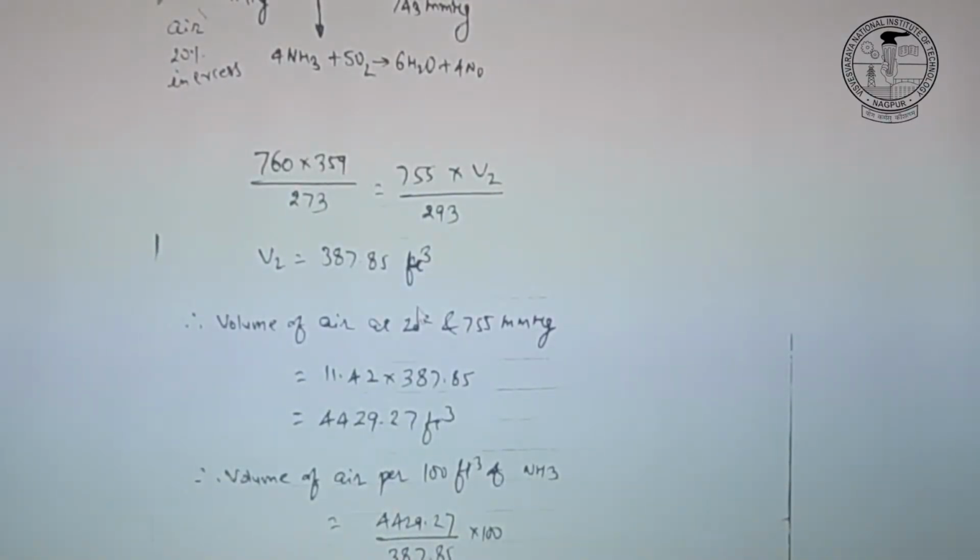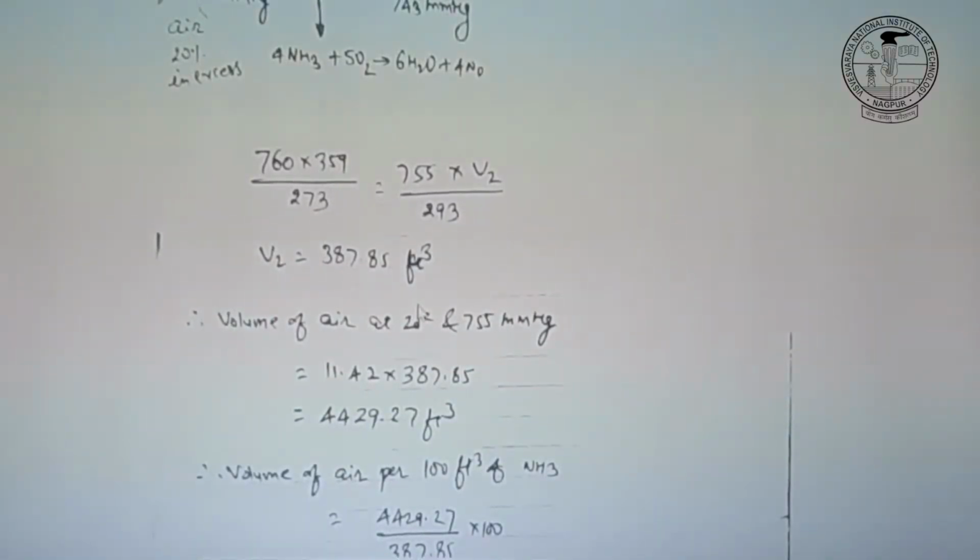So this much volume you have to measure and send to the process, so that the stoichiometric requirement, including the 20% excess amount of air, can be supplied, exactly multiplied by the air requirement.